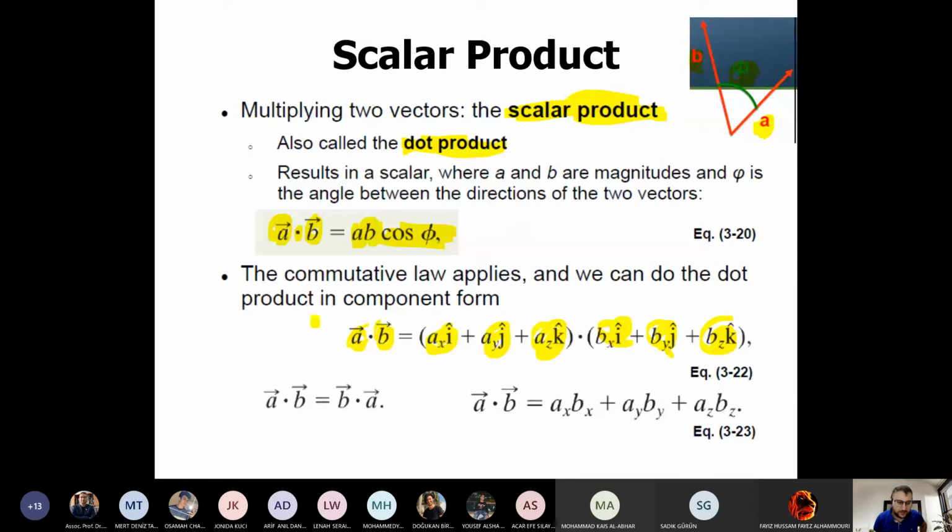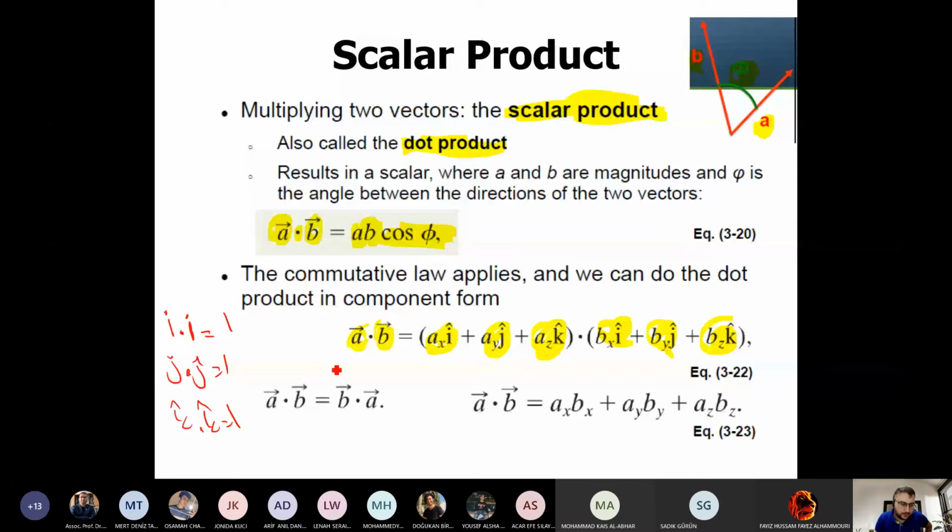You must open the parenthesis, so ax times bx, and then ax times by. But here the important thing is that i dot i is 1, j dot j is 1, k dot k is 1, but the other multiplications of the unit vectors are 0.